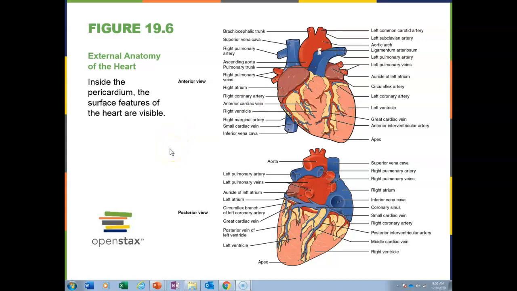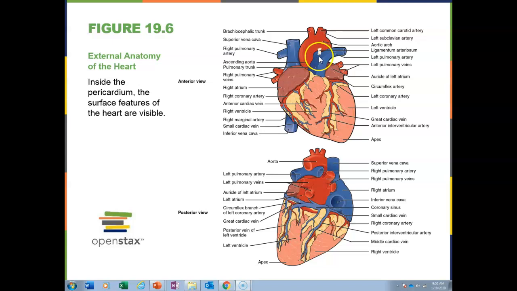This is a remnant of the artery that connected the pulmonary trunk to the aorta during fetal development.